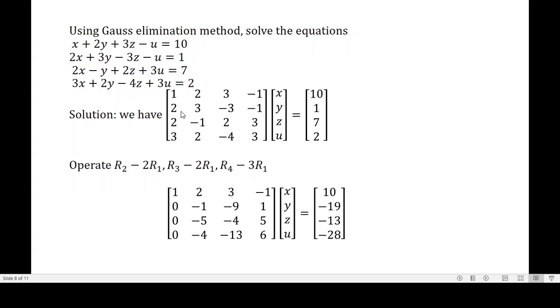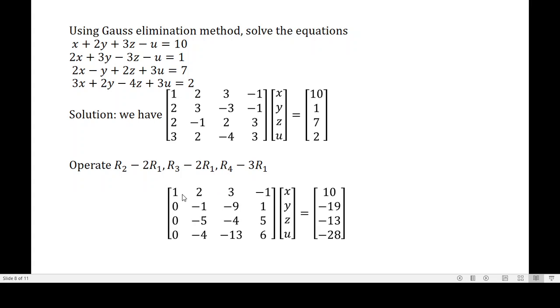Let us begin with the second element of the first column. Since this is equal to 2, we multiply R1 by 2 and subtract it from R2. So the first row operation is R2 minus 2 R1. The first row remains the same, we don't have to change the elements.